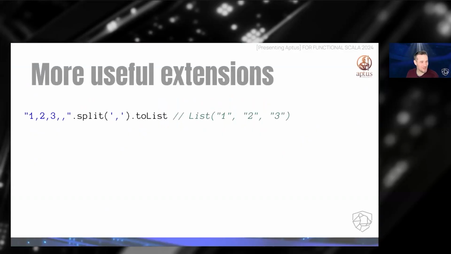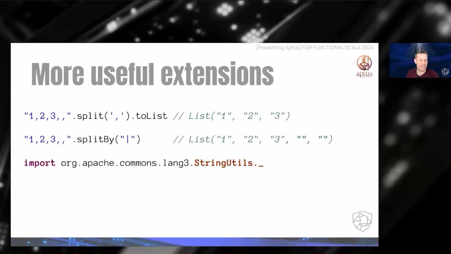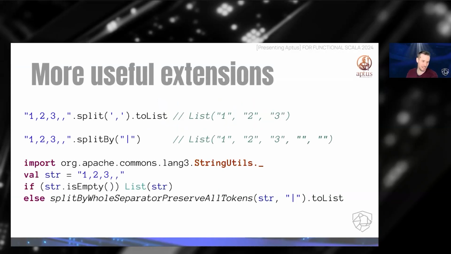So a few more things. Actually, I just wanted to zoom into this one. The split by is one of my favorites, because if you want to implement it in a way that I find intuitive, you'll basically need to do this. Me personally, I never want to discard trailing items. I don't understand why that's the default behavior.